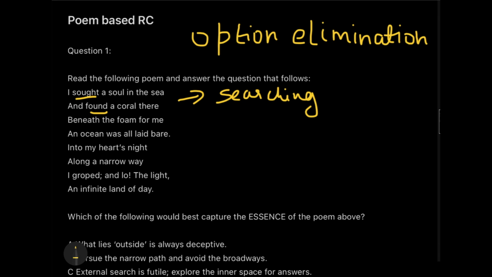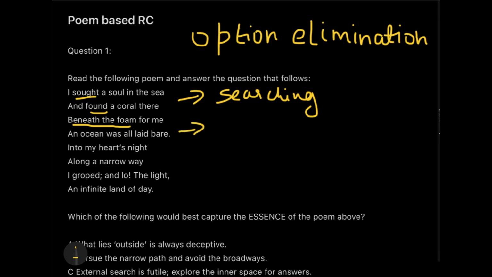Moving next, beneath the foam for me, an ocean was all laid bare. Okay, that means there was so much to find out beneath the foam. So there was an exterior layer, and below that exterior layer, I found so many more things, like the entire ocean was laid bare.